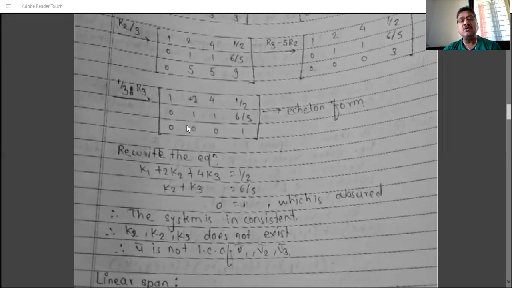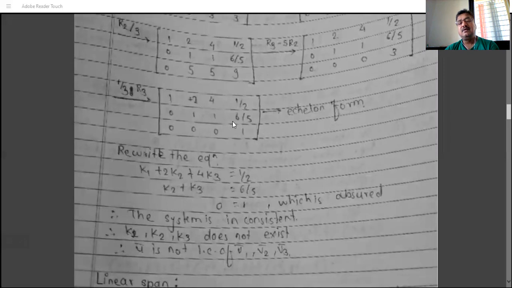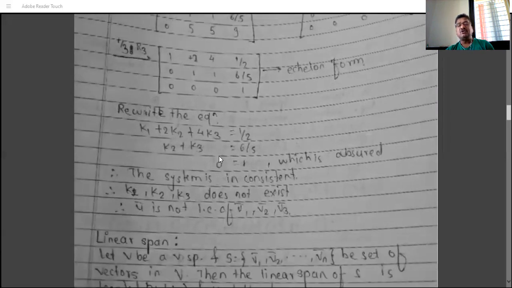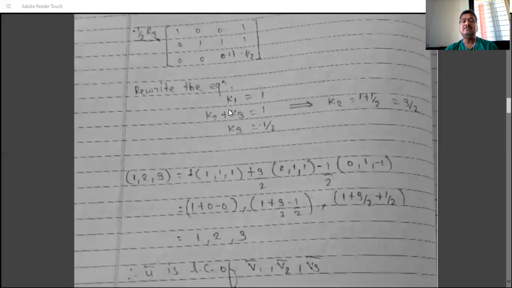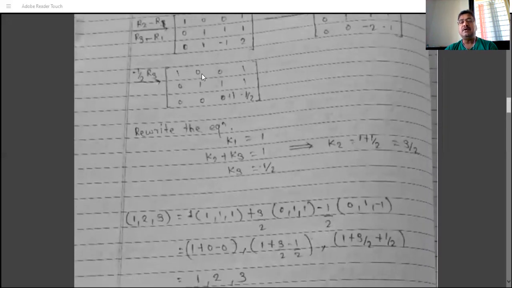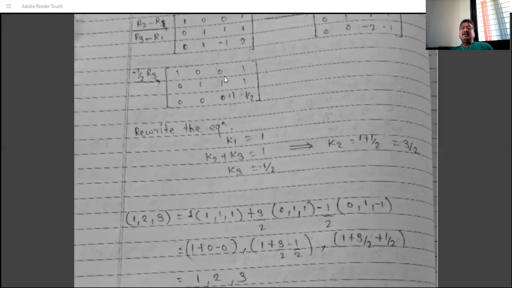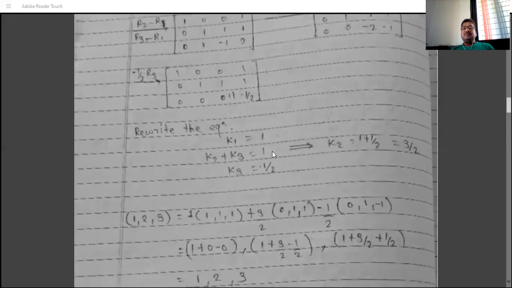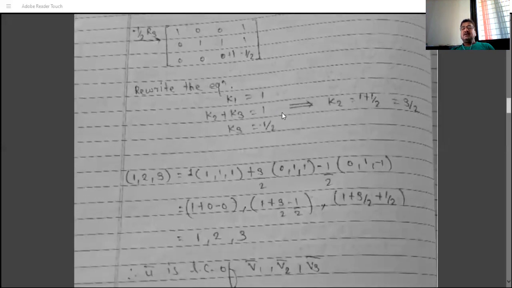This echelon form is not unique. It depends on your calculation, and the echelon form may vary from student to student. But the values of K1, K2, K3 are unique.